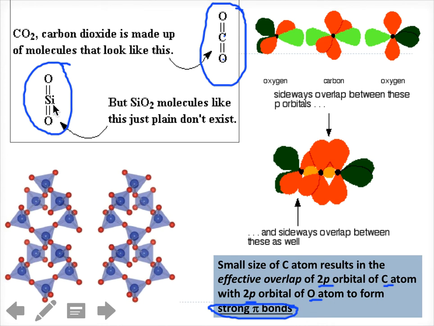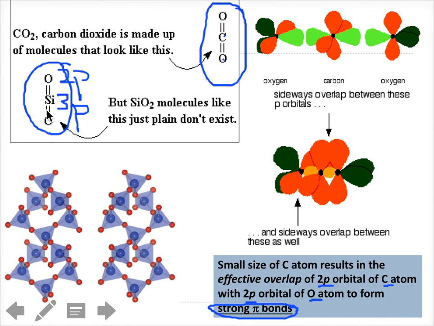So this makes CO2 very stable. Now, SiO2 cannot exist in this form, because the 2p, 3p overlap is weak. The overlap between the 2p orbital and the 3p orbital is poor. It results in a weak pi bond.